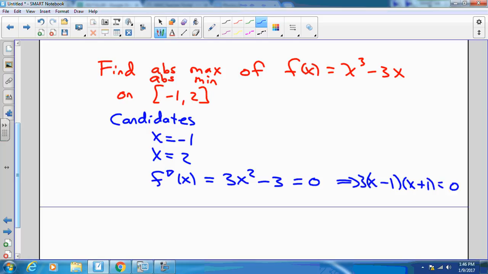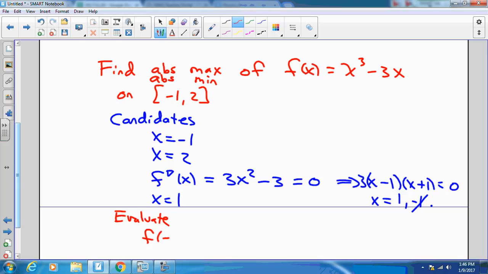Set that equal to 0. Factor at will. And x equals 1 or -1 are the solutions. Notice that one of those has already been taken care of in my domain. Represented again, but I have a third candidate now, x equals 1. This is my whole list of candidates.